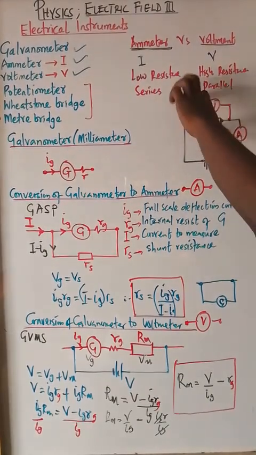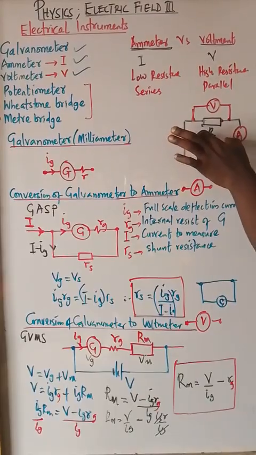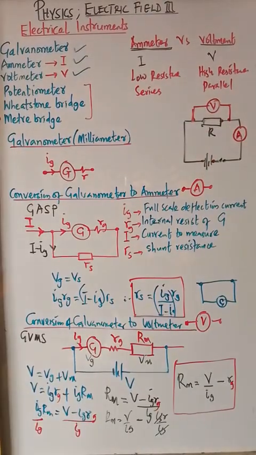Now another question you may be asked. Why is voltmeter connected in parallel to the load, and why is ammeter connected in series? First, if you place the ammeter here, the current coming from the cell, when it gets here, will split into two, some part will go up, some part will go down.